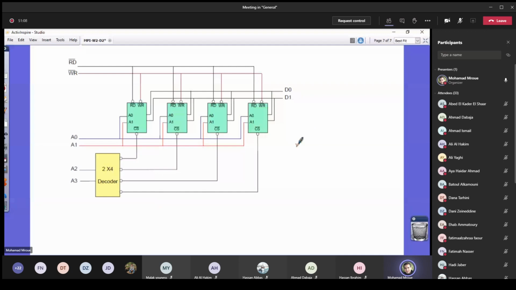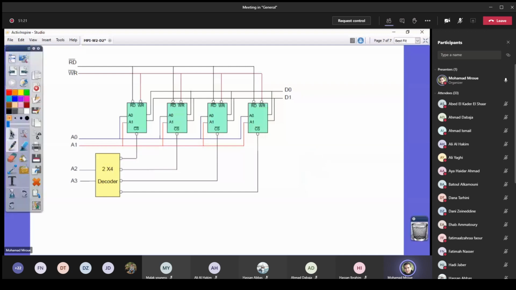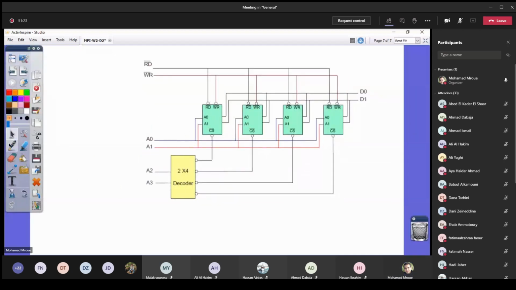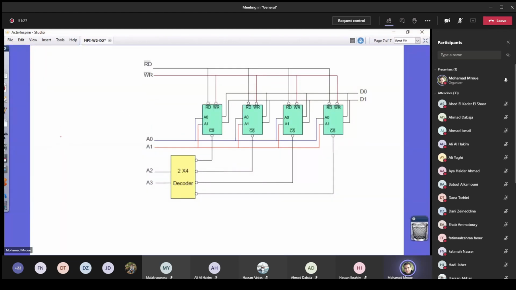Let's take the example of a microprocessor. We have a simple, let's say, logic system or small processor.